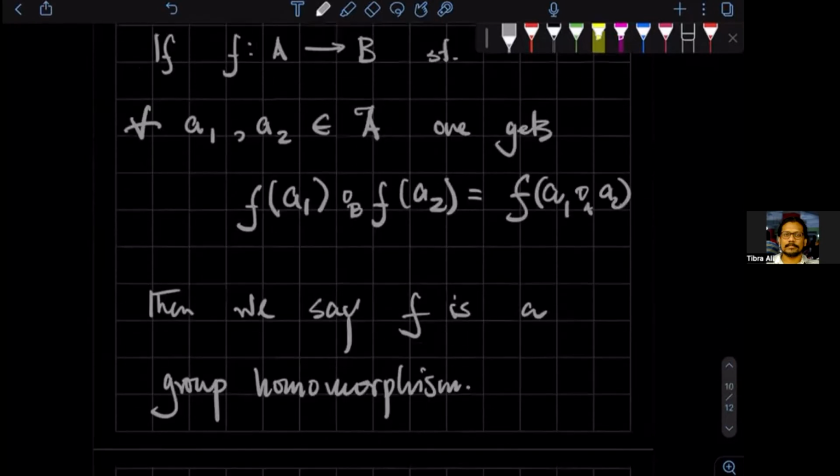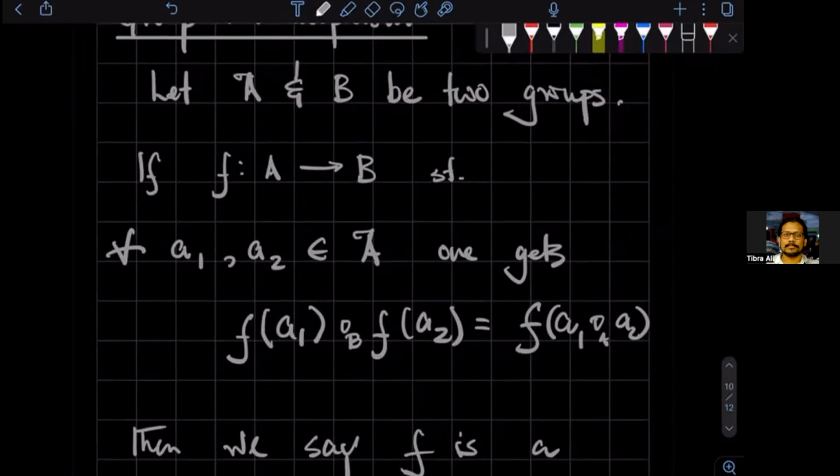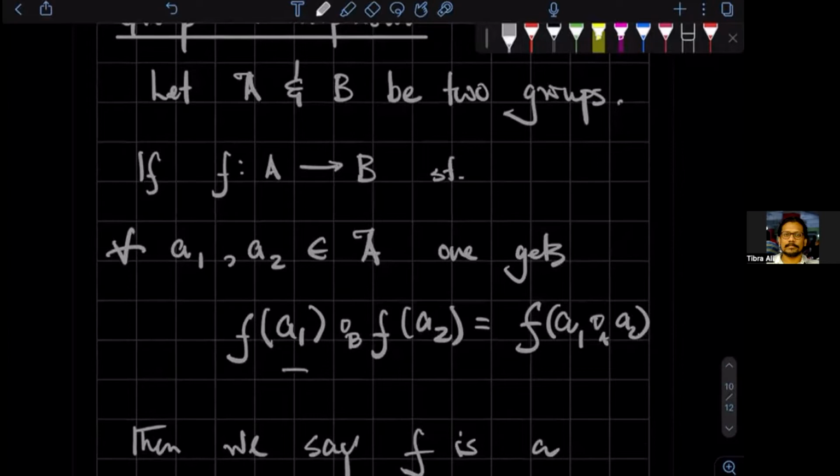Okay, so again, if A1 and A2 are elements of A and we multiply them, we get to some other element, say A3.